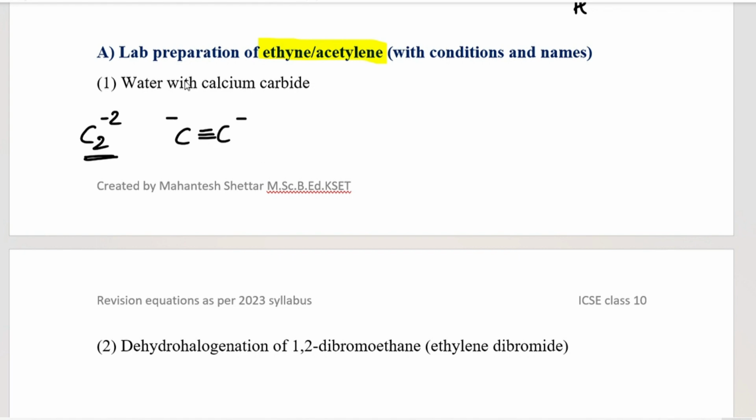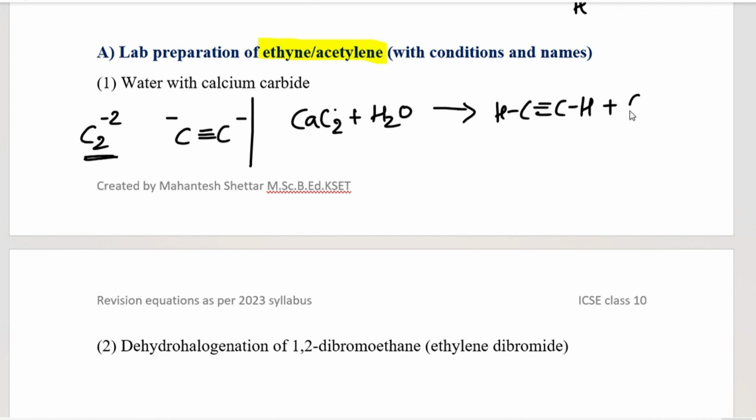Okay, this is the anion. Calcium carbide, how will you write? CaC2. The minus minus is satisfied by the 2 positive charges of calcium. Plus what are you adding? Water. So the carbon with negative charge is waiting for hydrogens. So it will take away the proton from the water. So what will it form?